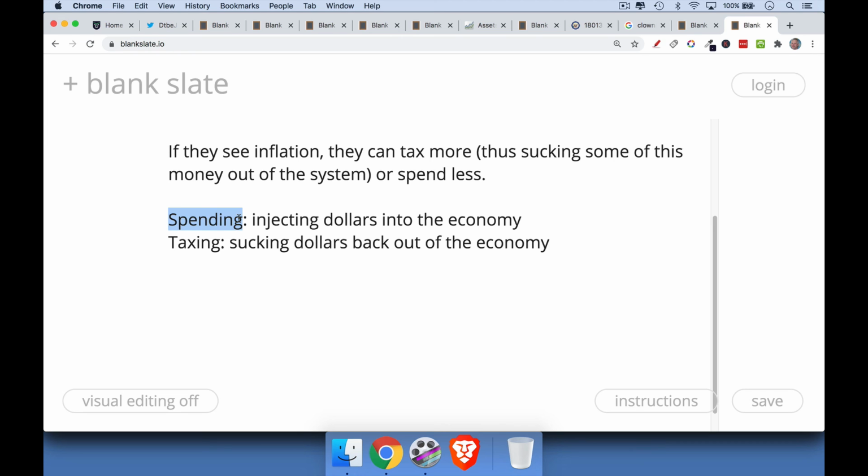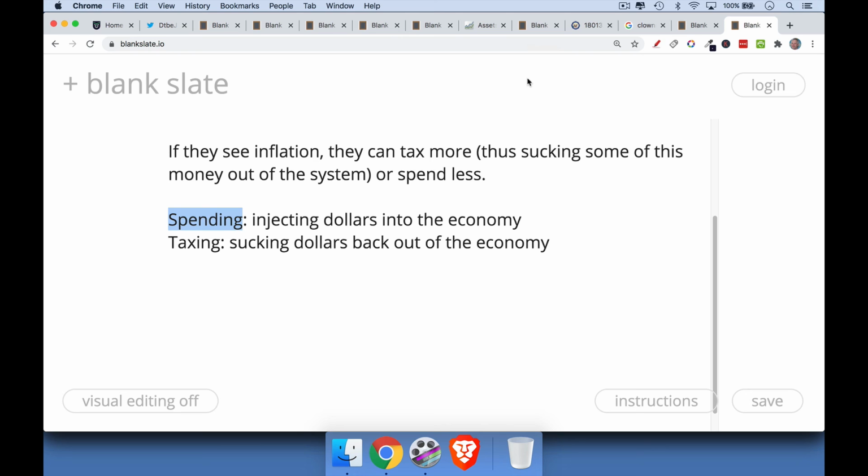So the one problem with MMT, just on the very surface of it, is that there may not be any discipline here. Under QE, there is sort of a semblance of discipline where the Federal Reserve and the U.S. Treasury have to sort of work together. But here, you just have sort of unbridled government spending, and you have the prospect of taxes or less spending to sort of slow things down.